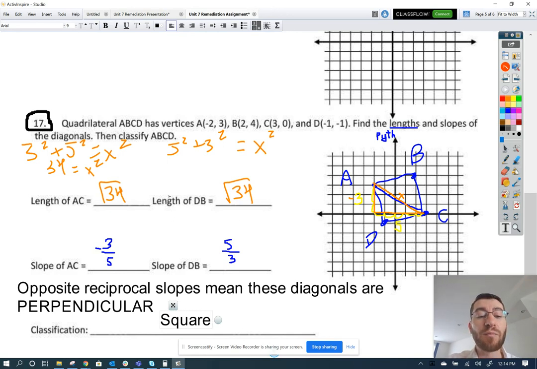But we can prove that more formally by seeing if the lengths and slopes of our diagonals are both congruent and opposite reciprocals.